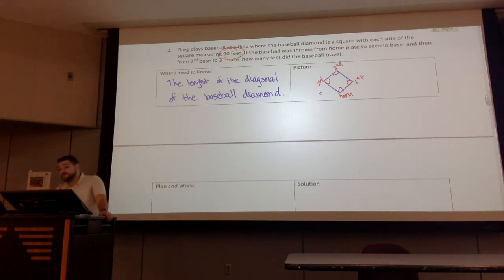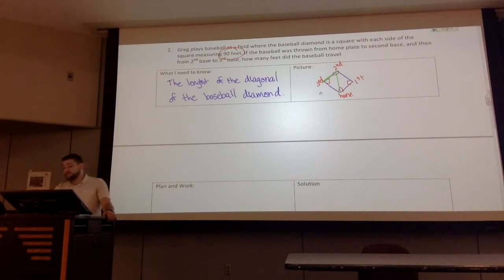And now I'm going to use another color to show where the ball has traveled. It says that the ball was thrown from home plate to second base, so that's this line right here. And then from second base to third base, so that's right here.